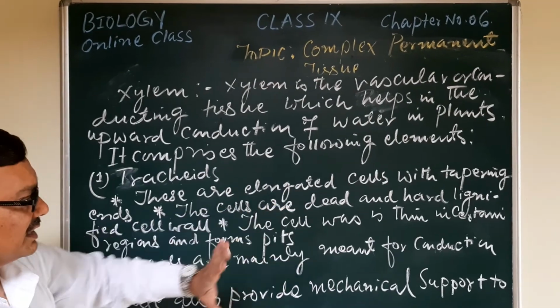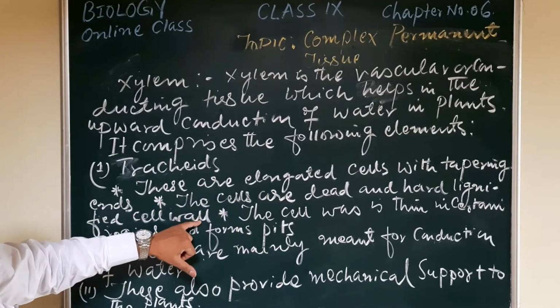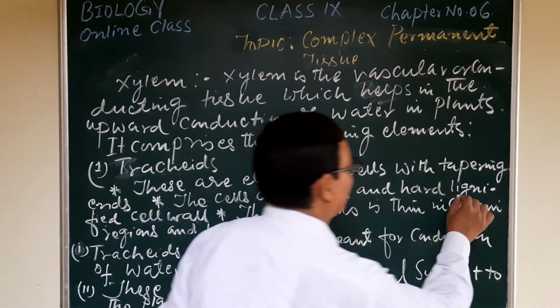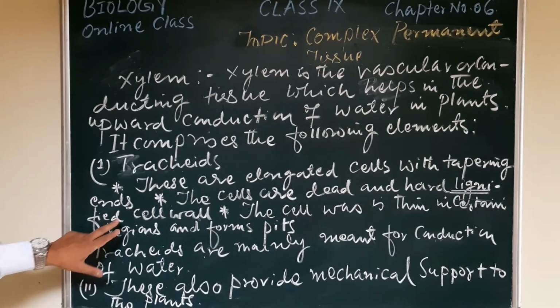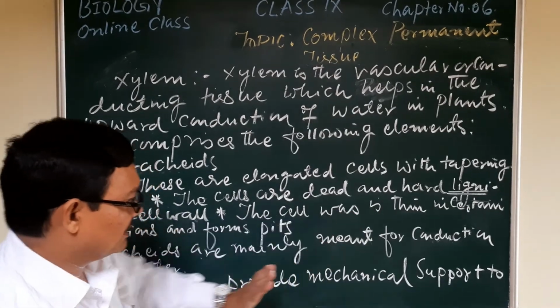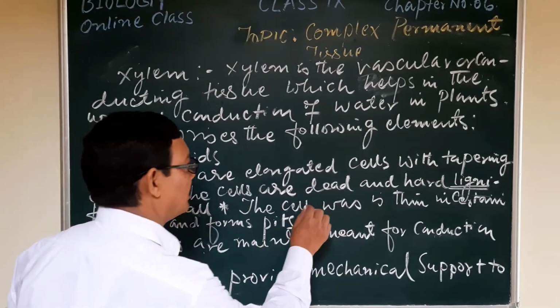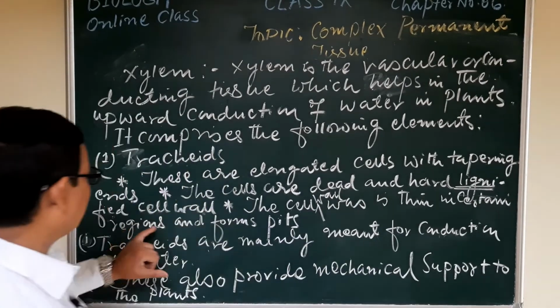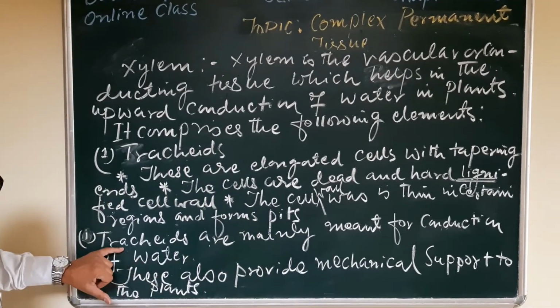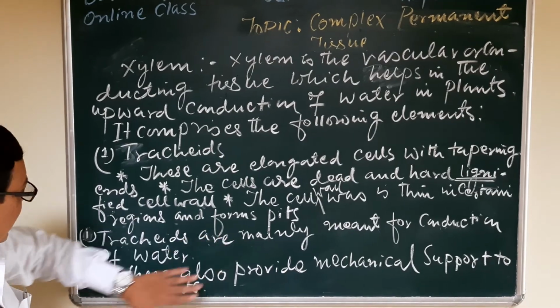The cells are dead and hard with a lignified cell wall. The cell wall is thin in certain regions and forms pits.